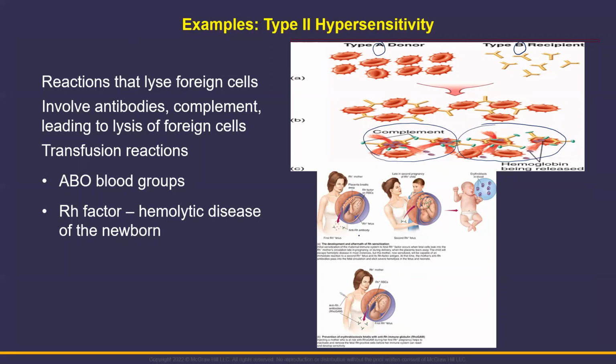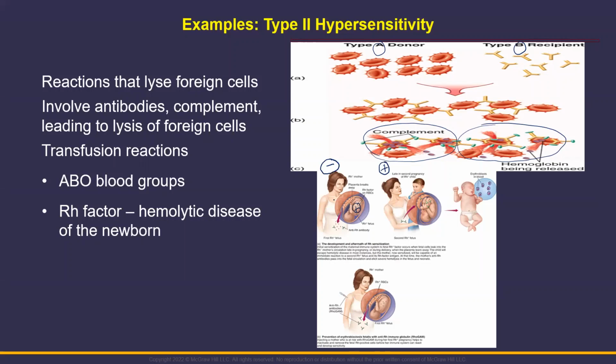Another example for type 2 is when an Rh negative woman is married to an Rh positive man. The negative woman married to a positive man will produce a baby that is positive. It means that the baby carries the rhesus antigen.